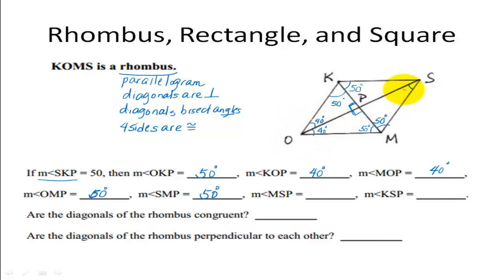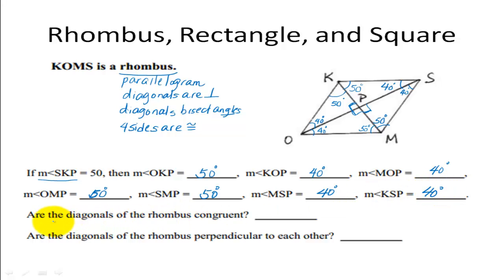I know this is 40. Or you can try and add by making the diagonals perpendicular, so I can add up the angles in a triangle. 40, and the measure of angle KSP, that's this piece here, again, 40, because the diagonals bisect the angles, or by opposite angles are congruent.